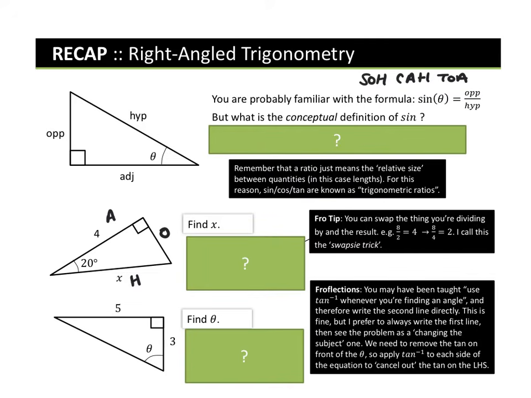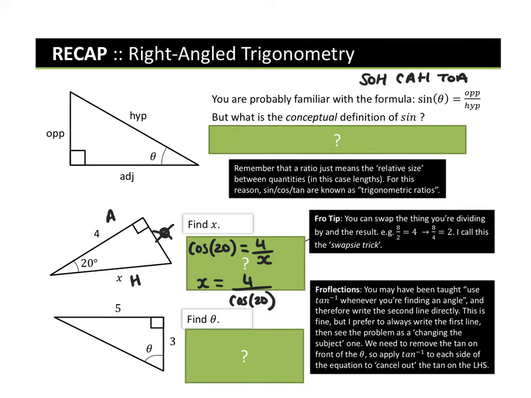Okay, what do we have? A, what do we want? H, O is nothing. So we're going to be using cos. So we know cos of 20 equals 4 over x. Okay, rearranging equations, we're going to get x equals 4 over cos of 20. We're going to put that into our calculator, get an answer.